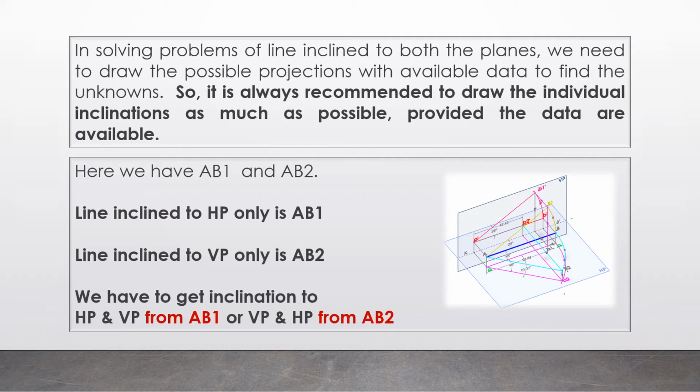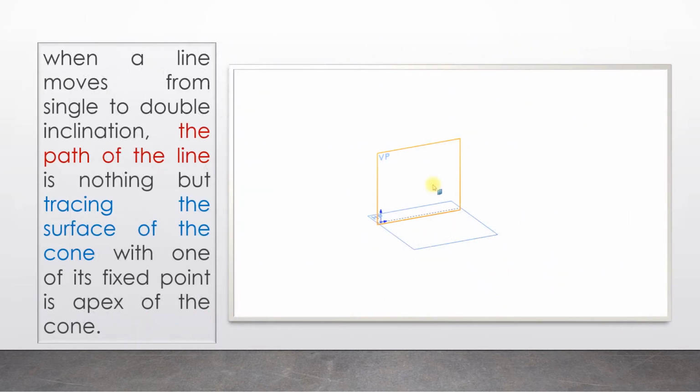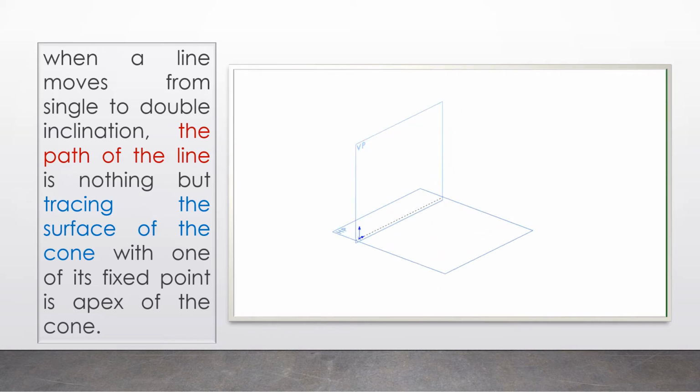So it is always better to draw individual inclinations, because we have to draw the locus. It is mandatory that we draw 2 inclinations separately, so that we can find other required points or loci to draw the double inclination.